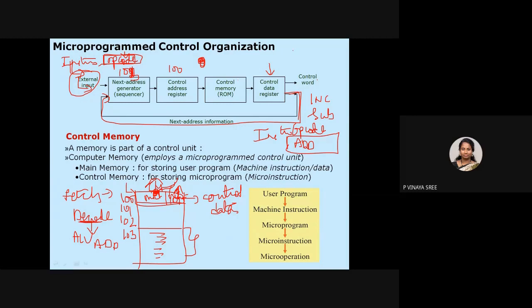So simply if you are in a main program and after some instructions, if it is calling a sum function, so the next instructions will not be executed. It goes to that sum function and it executes. So for that also it has to generate a control signal saying that there is a jump. It should not execute this, it has to execute this. So that control signal has to be generated, right?